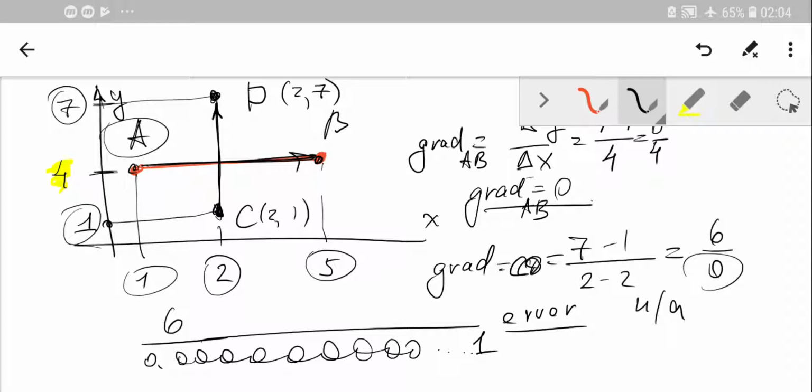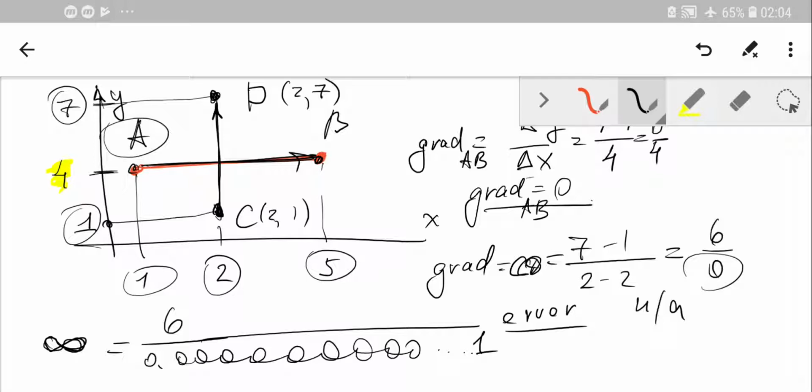And if you do this operation on a calculator, you'll get a very, very big number. Okay? So scientists used to say that you'll have infinity. Okay? So the gradient just simply becomes infinity.